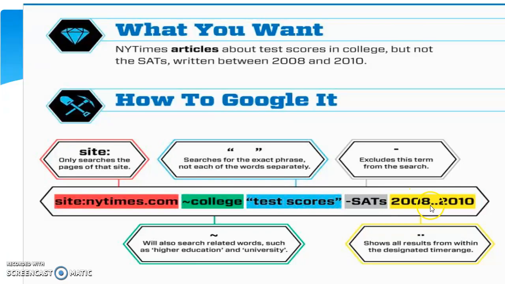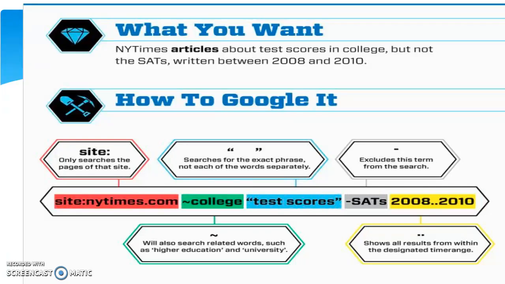And last but not least, we have our dot dot, our little timeline here. We wanted articles between 2008 and 2010. So I just went on here, I did 2008, again, no space, dot dot, no space, 2010, and now it's going to kick that back to me. Now, guys, again, this is an extreme example. You're not going to use all of these.